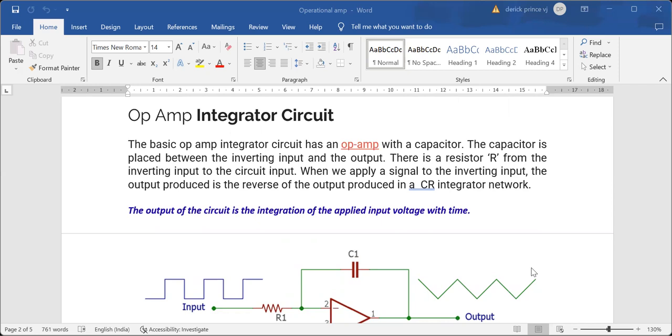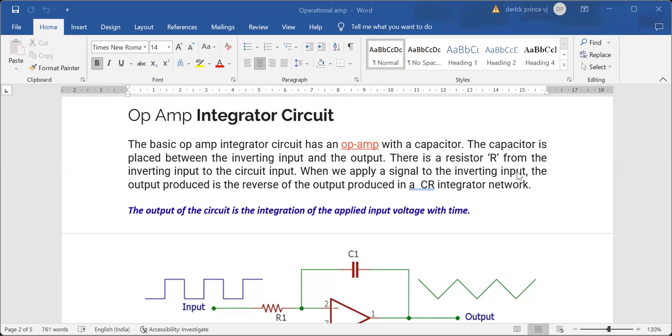Here we see it as an integrator circuit. In the basic operational amplifier integrator, a capacitor is placed between the inverting input and the output. There is a resistor from the inverting input to the circuit input, so a resistance and a capacitance are connected.